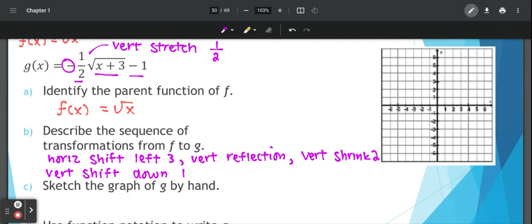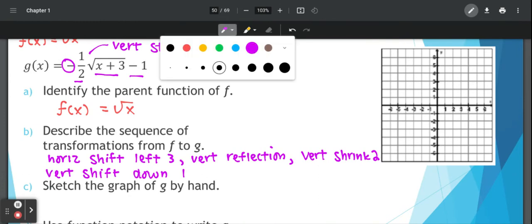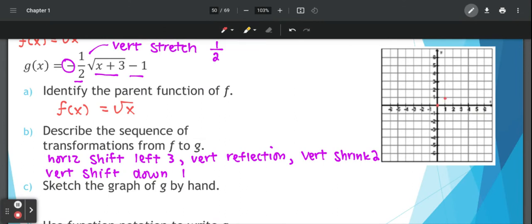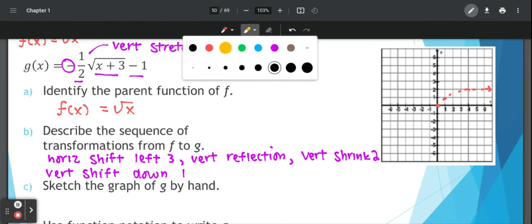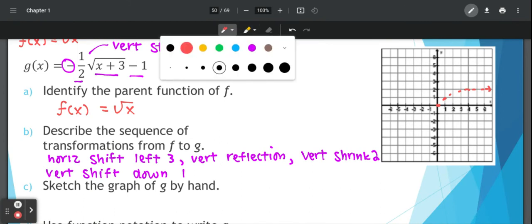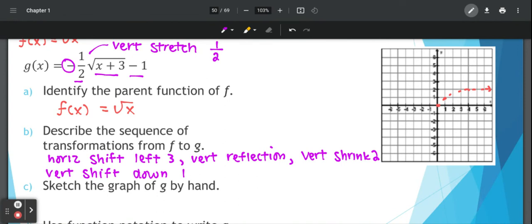Again, starting from that 0, 0, it might help if we do a quick little sketch. So this red one is our parent function. If we're going to shift it to the left 3, that point shifts to the left 3.